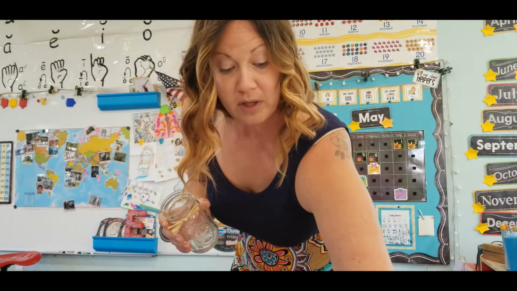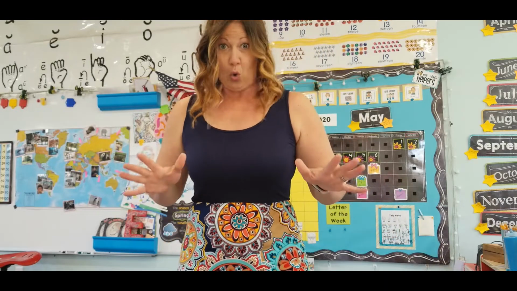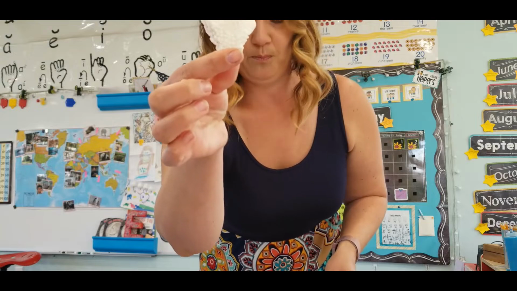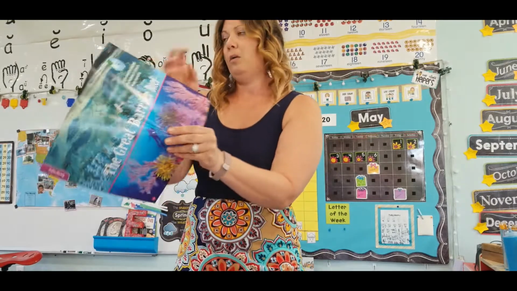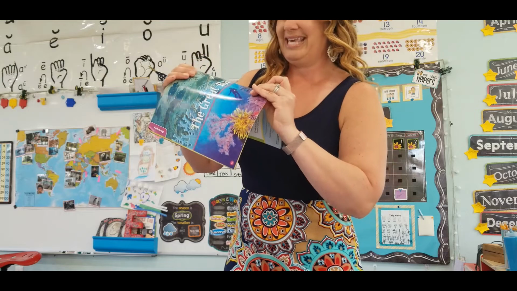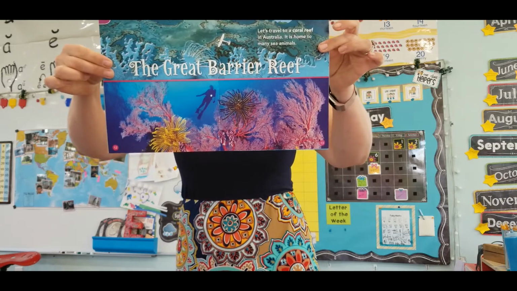All right, moving along to coral. I got a little informational story here about coral. Now, the biggest place you can find coral is the Great Barrier Reef. And guess what?